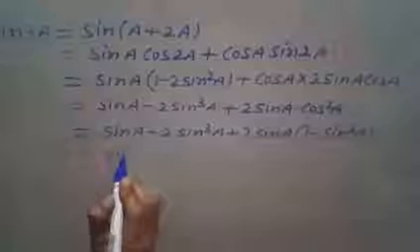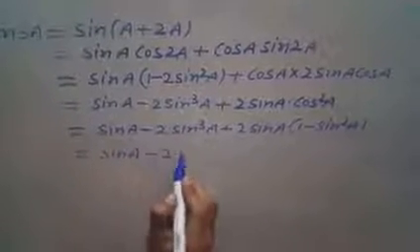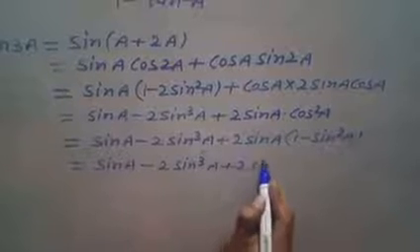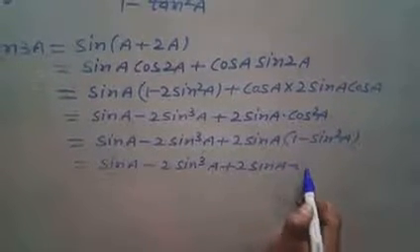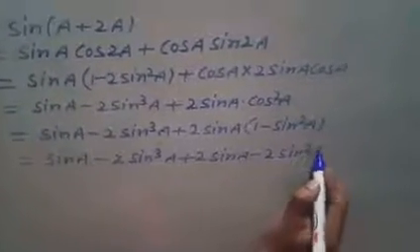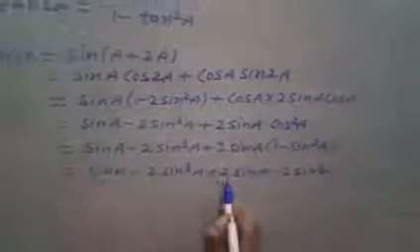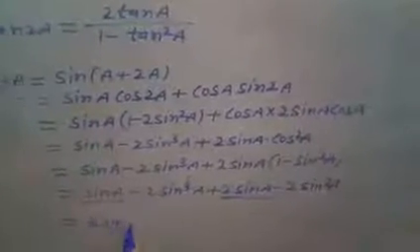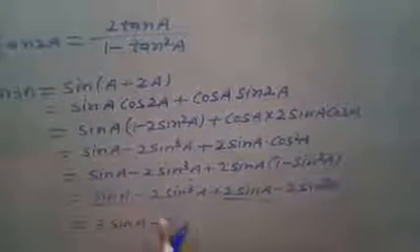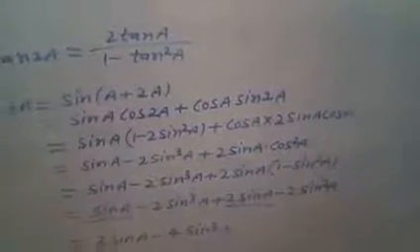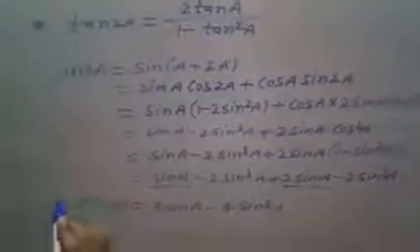Now sin A minus 2 sin cube A plus 2 sin A minus 2 sin cube A. If we see, it is 3 sin A minus 4 sin cube A, and this is the formula of sin 3A.